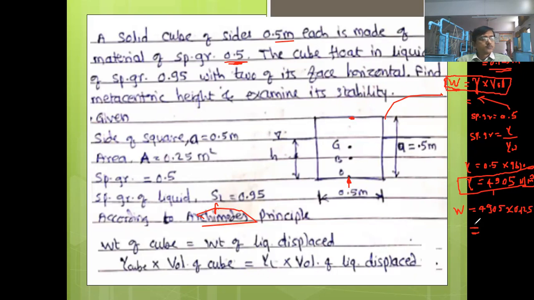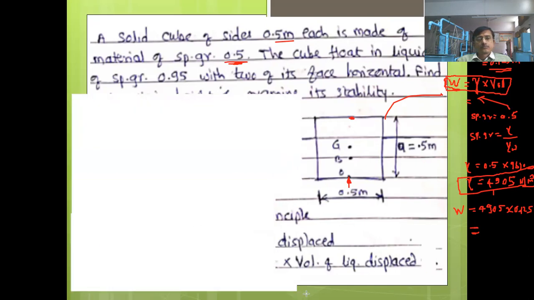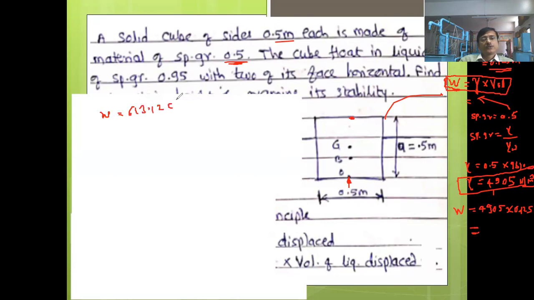How much has it come? The weight of the cube is equal to 613.125, 4905 into 0.125. 613.125 Newton, and this weight of the object is equal to the buoyant force, right?